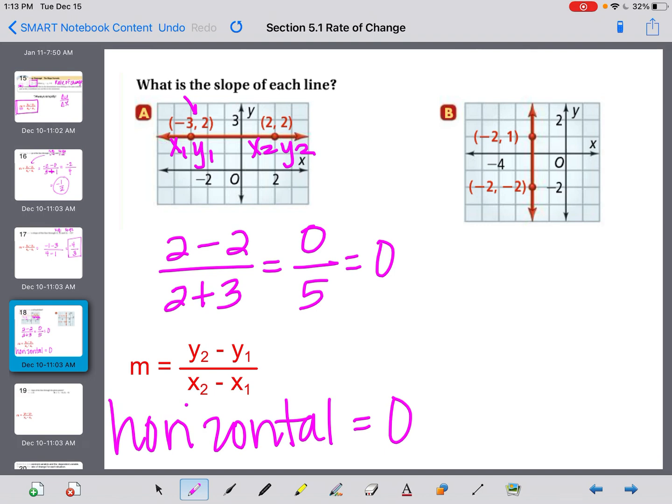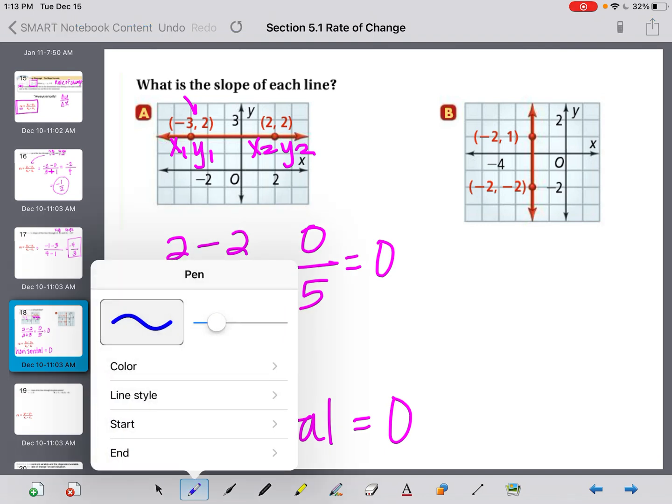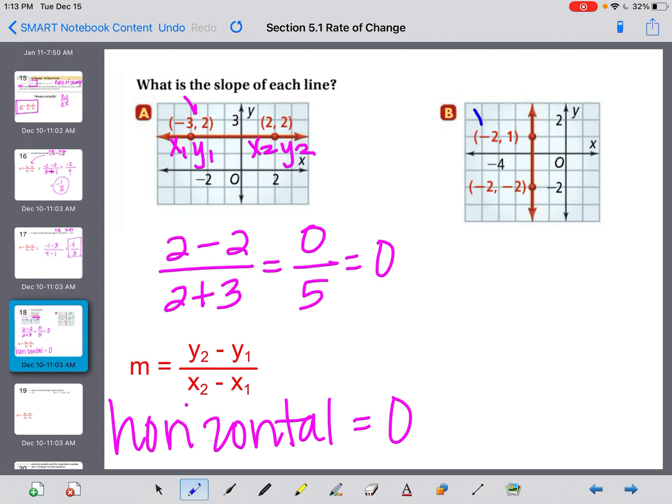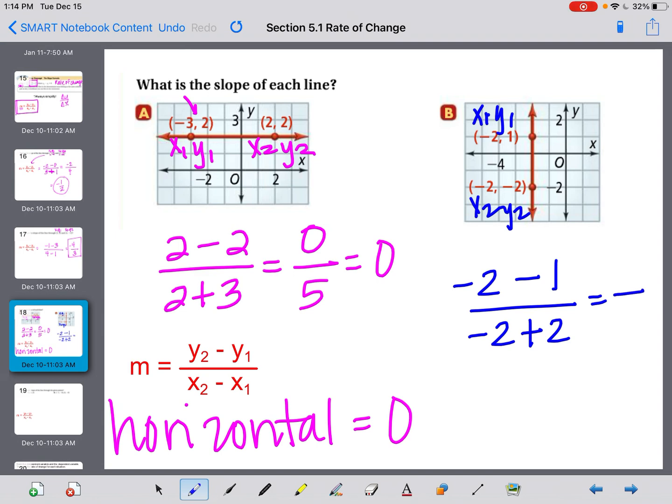All right, then this vertical line over here, let's try and see what that gives us. I have x1, y1, and x2, y2. So when I plug that into my equation, I will have negative 2 minus 1 over negative 2 minus negative 2. So my slope will be negative 3 over 0.